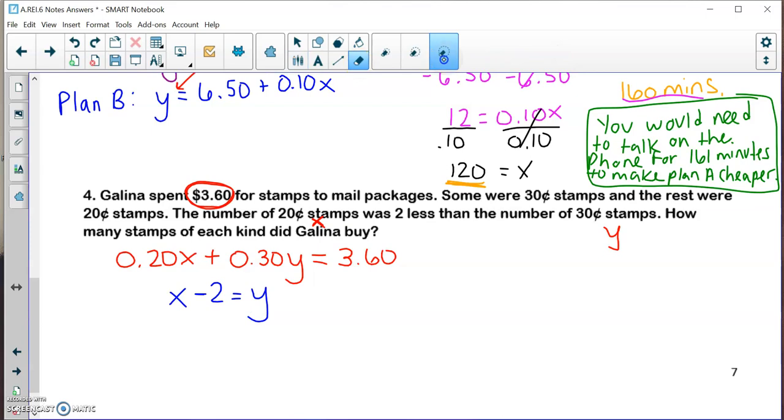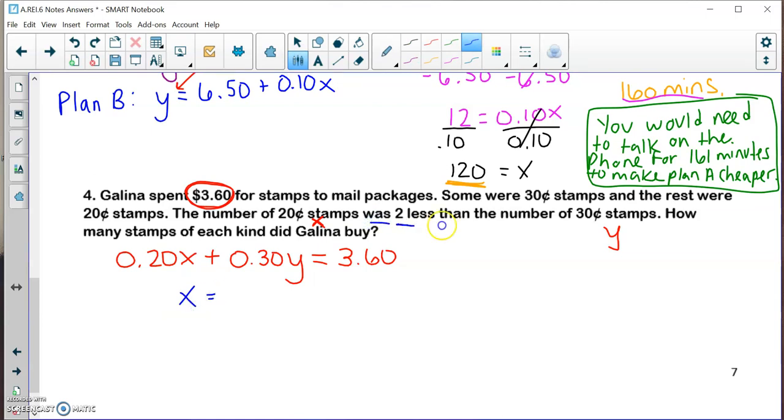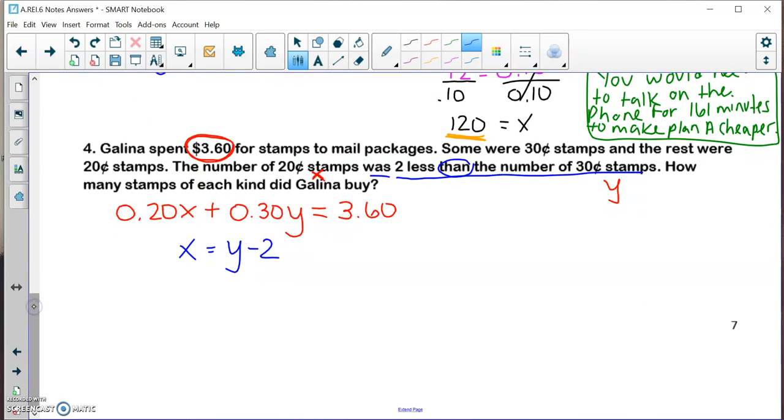Oh, I apologize. No. The number of 20-cent stamps equals 2 less than the number of 30-cent stamps. The word than switches the order around, so we have Y minus 2. I apologize, that's the correct setup.